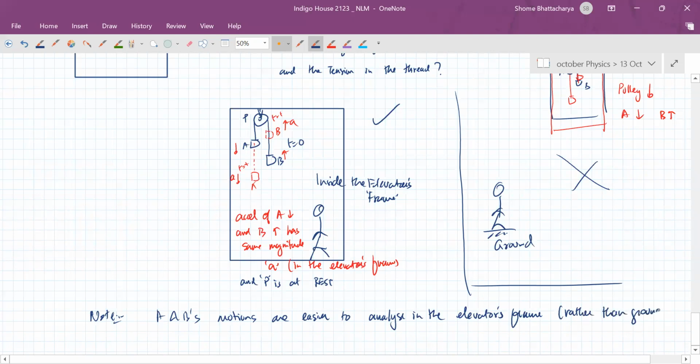It's not easy in the ground frame. It's more complicated. But to observe in the elevator's frame, we have to make FBDs in the non-inertial frame. So pseudo force has to be included.